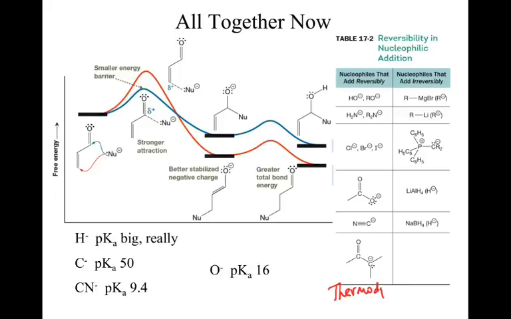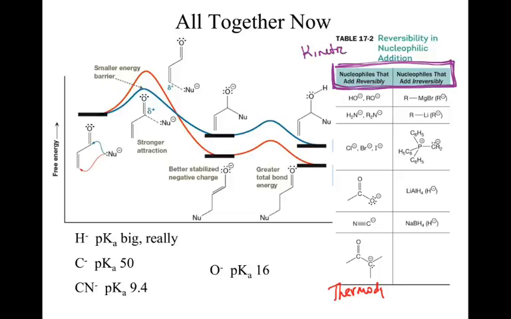I know that's a fun phrase, but let's say that again. These nucleophiles are reversible, which means I form the thermodynamic product, which is irreversible. This reversibility that is referenced at the very top here refers to the formation of our kinetic product.